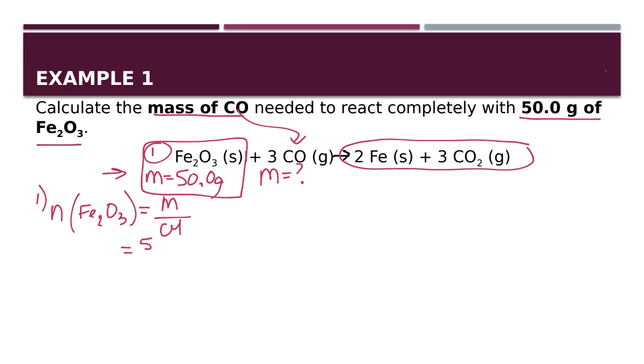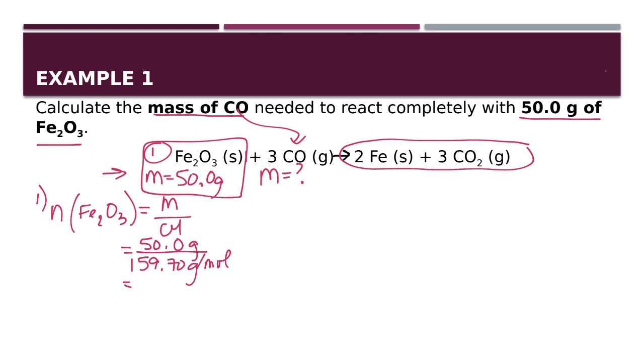We're going to sub in the mass of iron 3 oxide of 50 grams. And we know that the molar mass, we can calculate this, is equal to 159.70 grams per mole. So you would calculate that off to the side initially. I have done that for you already. So I know I don't have 1 mole, right? 1 mole would weigh 159.70 grams.